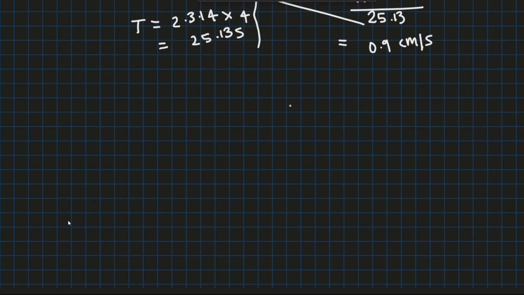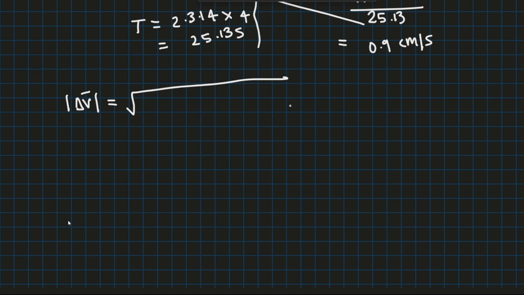Now to find delta v, the magnitude of delta v, that is the magnitude of velocity, the velocity vector would rotate 90 degrees.